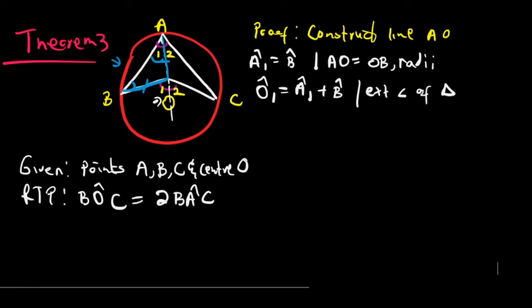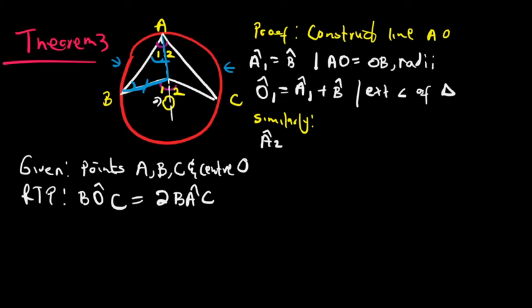So similarly, you're going to do the same thing on your right hand side now. You're going to say angle A2 is equal to angle C. The reason for that is that our OA is equal to OC, which is a radius, as I said.